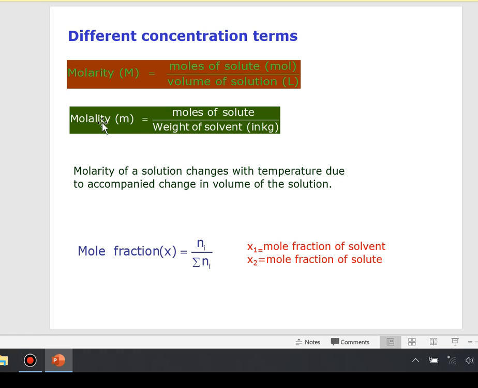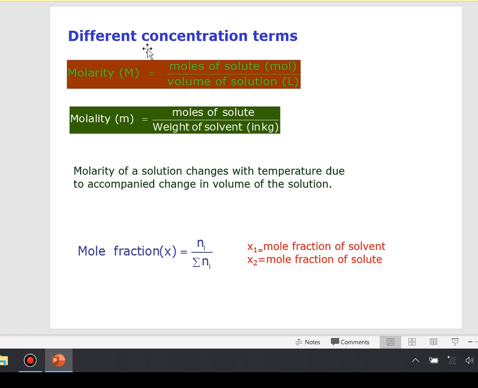Molality of solution does not change with temperature, because molarity accompanies change in volume of the solution. So molarity of the solution changes with the temperature. And the unit of molality will be mole per kg.